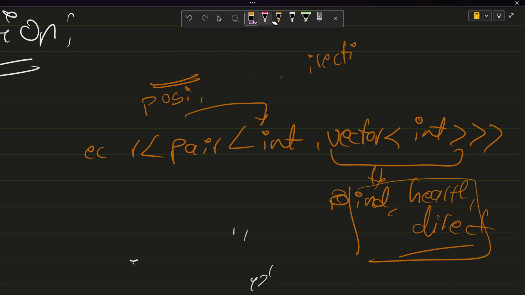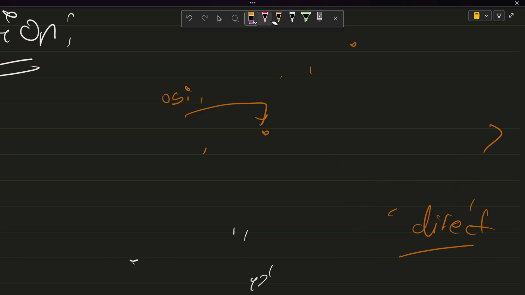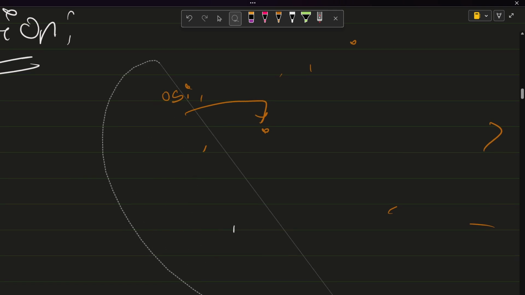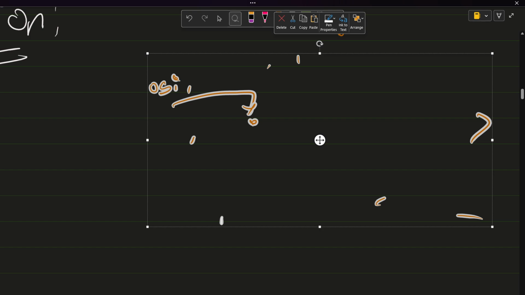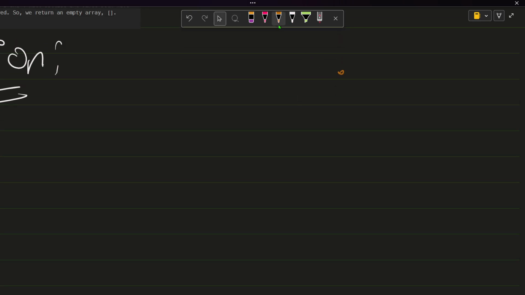Okay, now let's come to the main logic, how we are going to proceed. Has any one of you got any kind of intuition about how we are going to proceed? Anyone? Anyone from you guys? Okay.